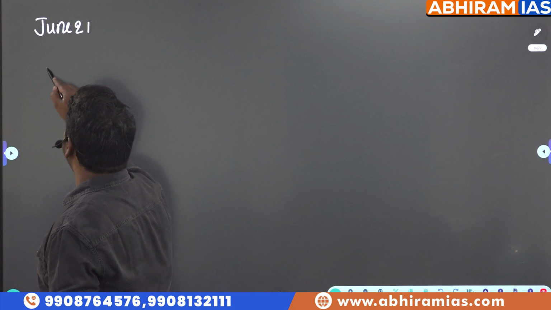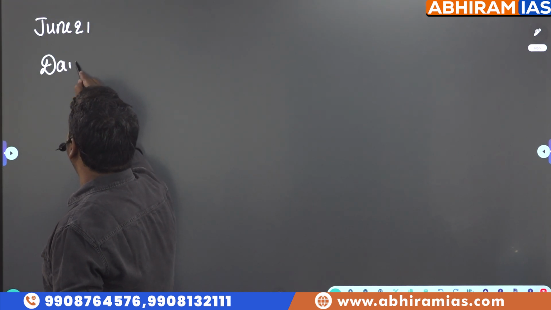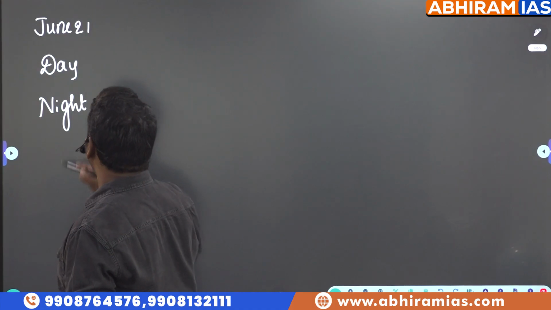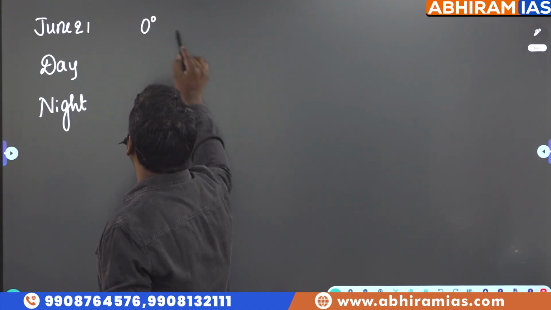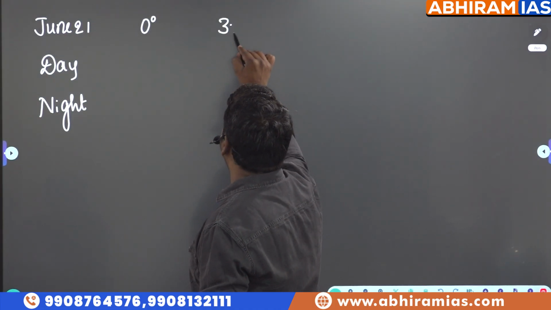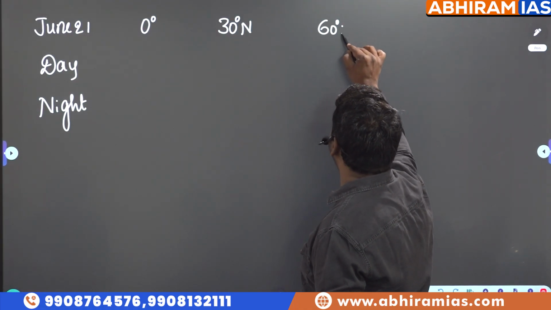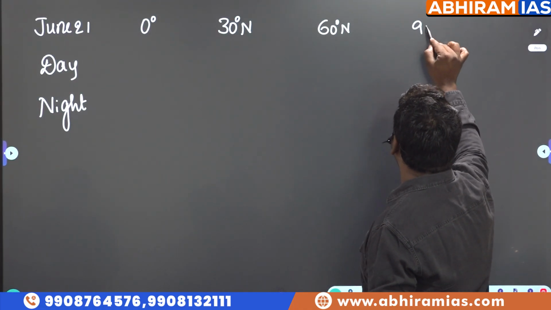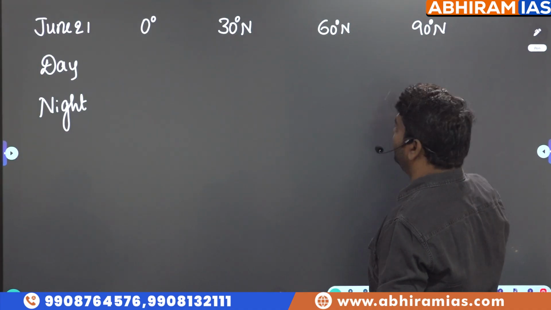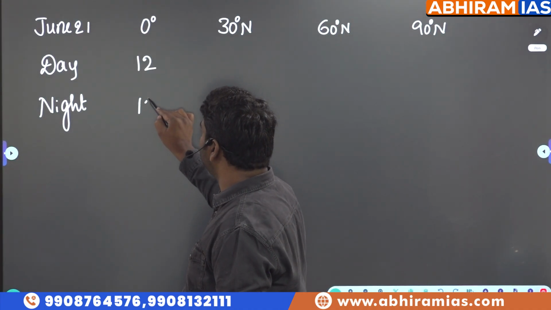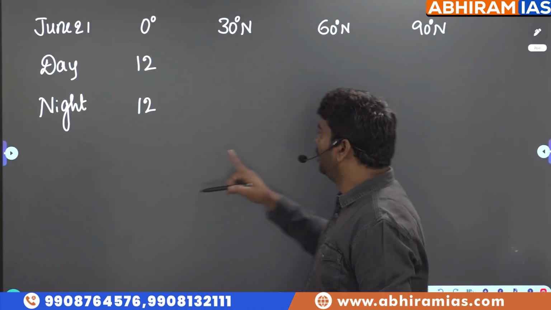June 21st. Take day and night. Equator, 30 degree north, 60 degree north, 90 degree north. Equator, what did we see? 12 hours and 12 hours.